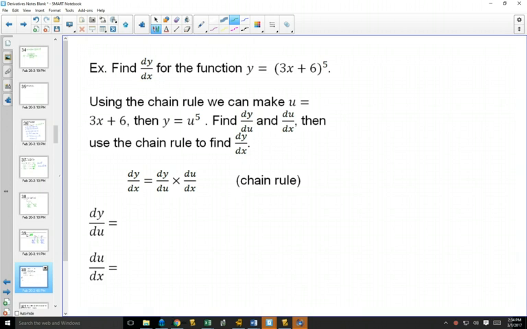My inside function is 3x plus 6. So you can make u equal to 3x plus 6. So that's my inside function. And then, what does your whole function become? If I replace the 3x plus 6 with u, then my equation becomes y equals u to the 5.